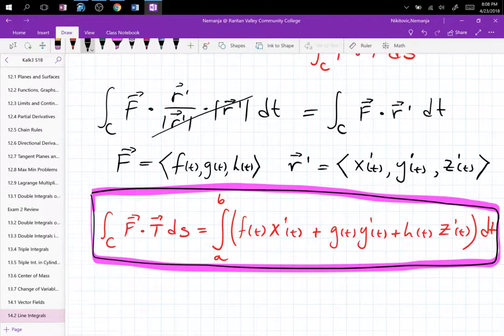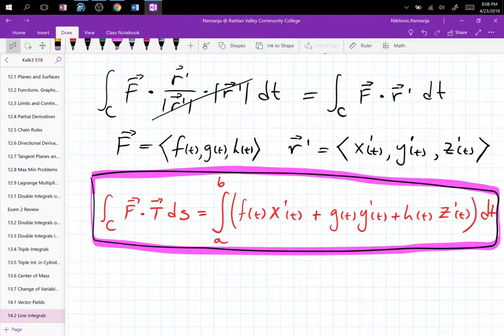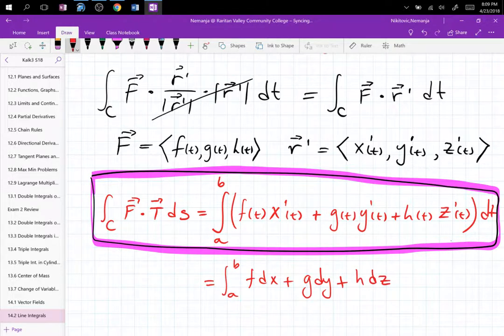So another version of the same thing, a shorter version, is to write the integral from a to b, and then you just write f dx plus g dy plus h dz.